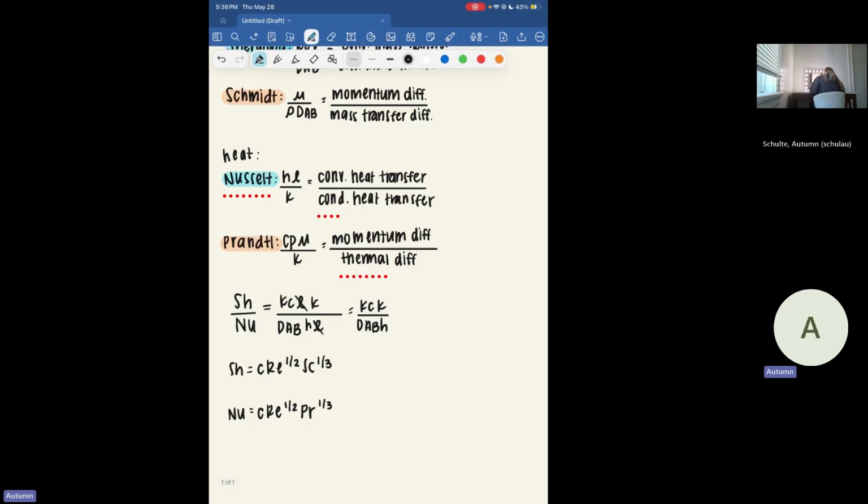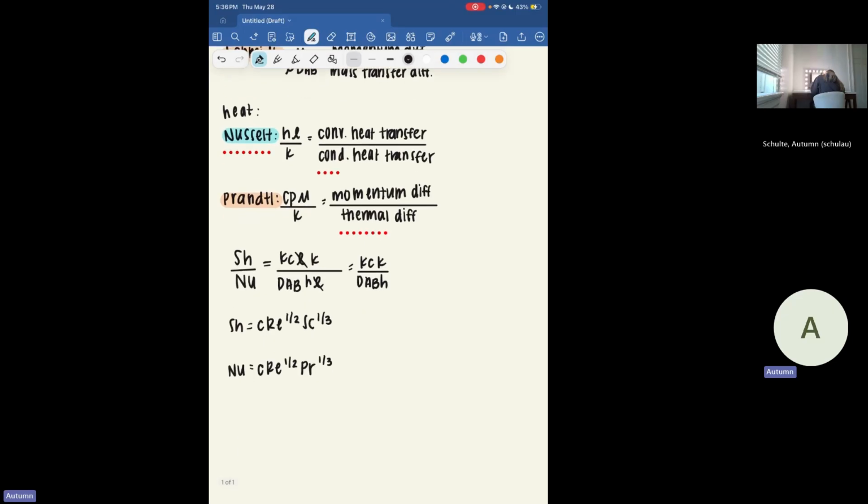So now, if we divide these two, we'll find that this is equal to the Schmidt number divided by the Prandtl number to the 1/3.